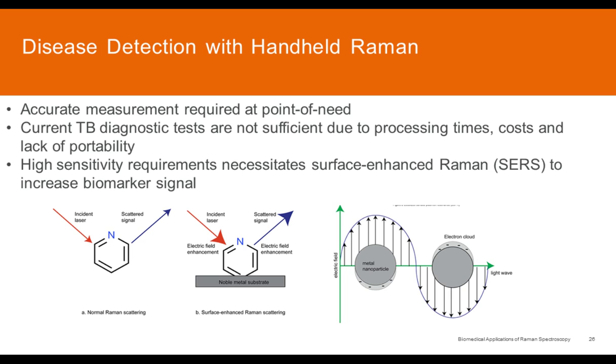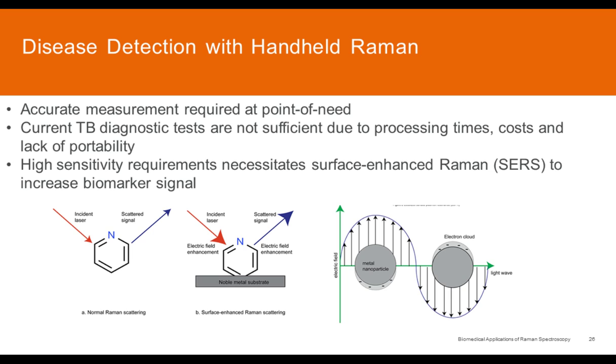And so for this example, we're using tuberculosis again, which is a disease for which diagnostic tests are sometimes insufficient due to the processing times associated with the tests, the costs, and the lack of portability of these tests. So again, here it's really worth it to explore new testing options.